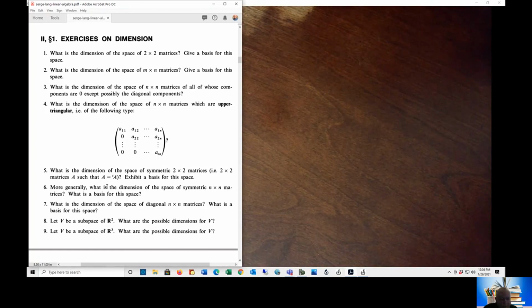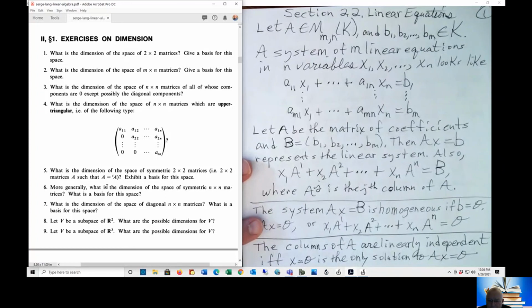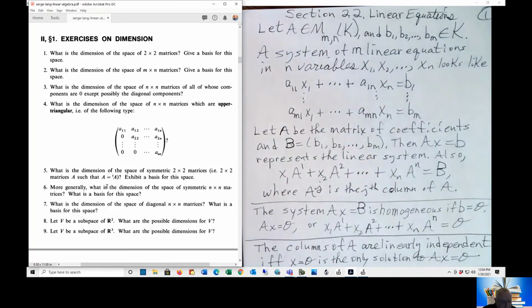And we can go ahead and look then at linear equations, section 2.2. This is going very rapidly. Section 2.2, systems of linear equations. And so we know that we start out with an m by n matrix A, and let b1, b2, dot, dot, dot, through b sub m be scalars.